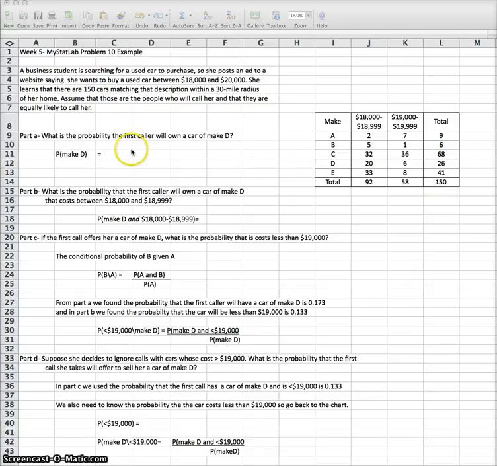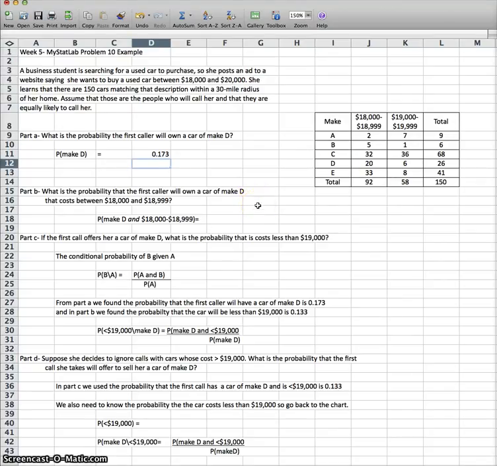So to find this probability, using Excel, equals the total of cars make D, 26, divided by our total of all cars, 150, and we'll hit enter, and there we have it. We have a 0.173, 17.3% chance that the first caller will own a car of make D. So that's all of part A.